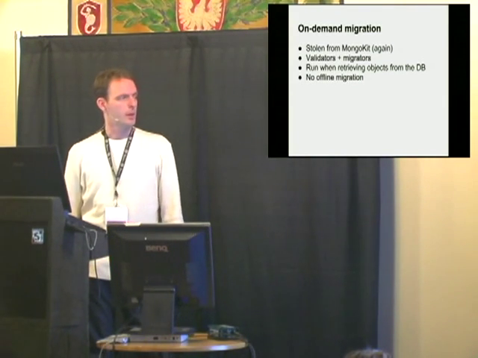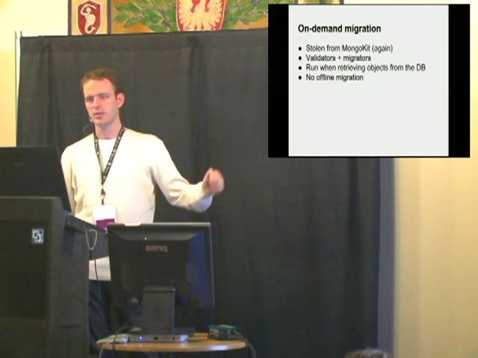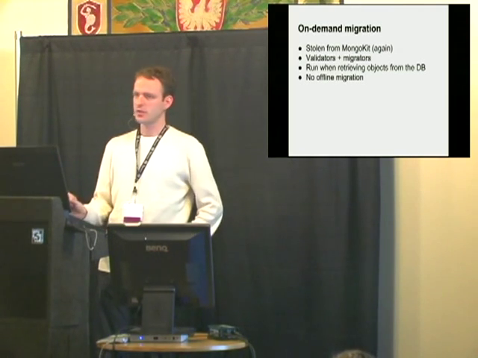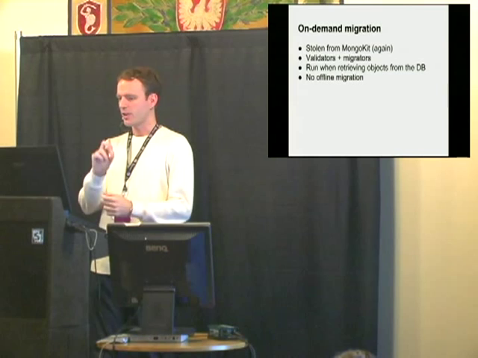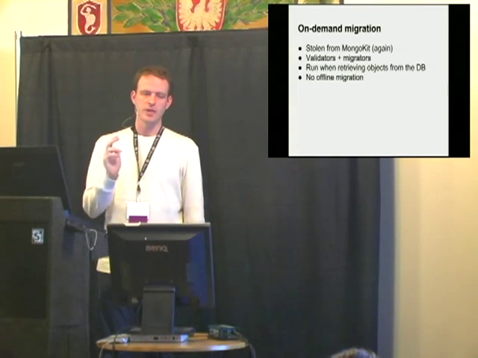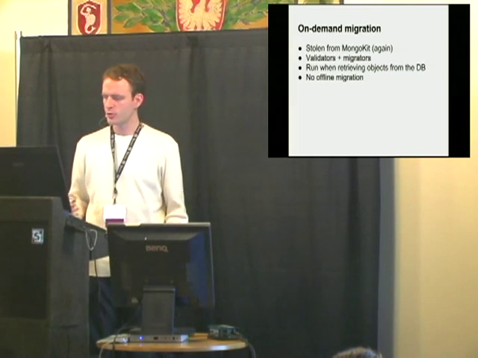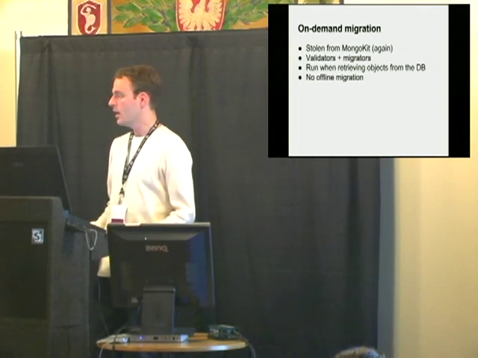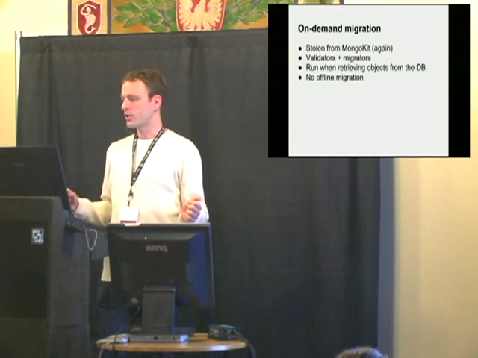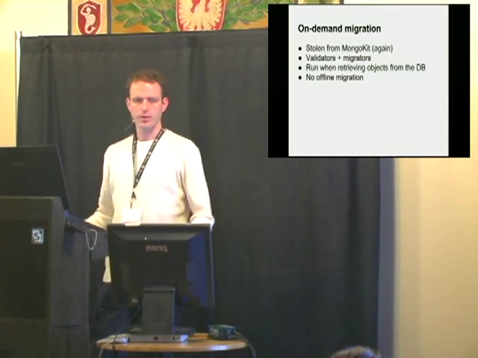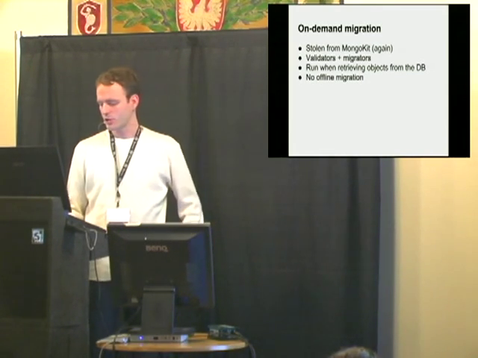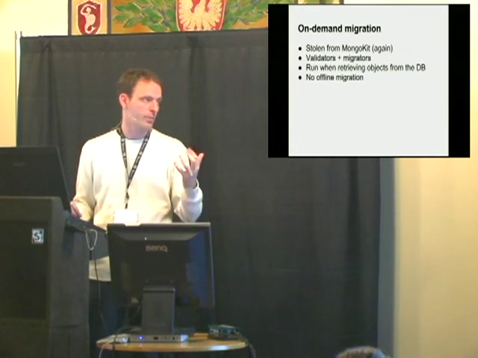You define a validator that says, yep, my object matches this version of the schema, and the migrator that allows you to get from version n-1 to version n of your schema. It's run when you're retrieving objects from the database, and it is not an offline migration. Your DB is still up while the migration is running, because it's your program that's actually doing it.